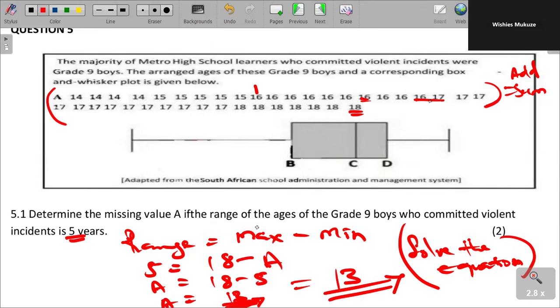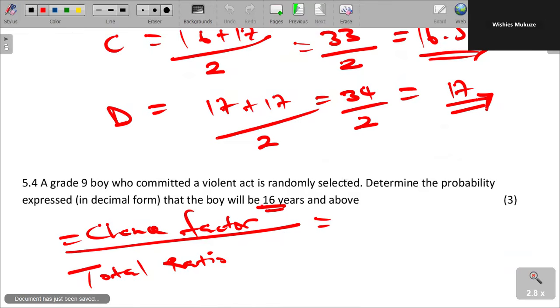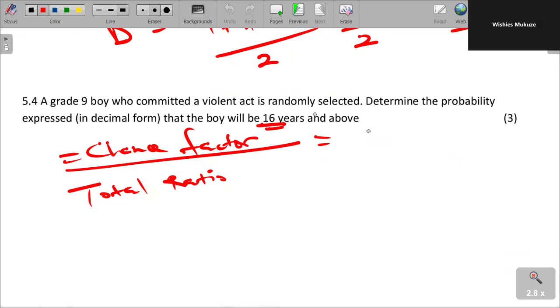That is going to be 30 over 40, which when we calculate is 3 over 4.